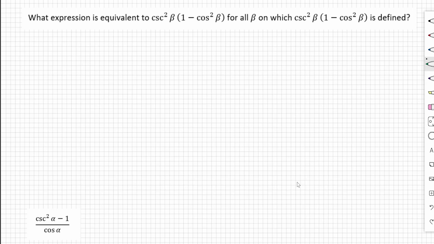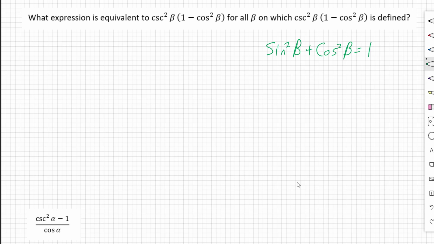So we have some squared items, and on the tips sheet that I gave you, it talks about looking for squares. Look for places where you can use your Pythagorean identities. One of our Pythagorean identities is that sine squared beta plus cosine squared beta is 1.